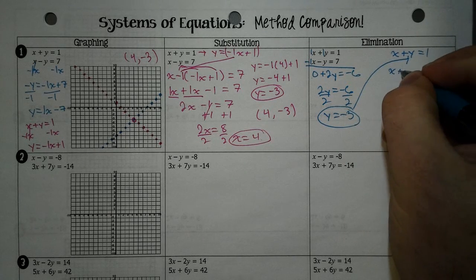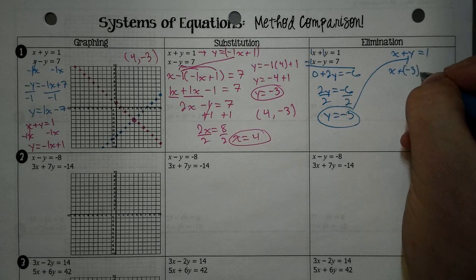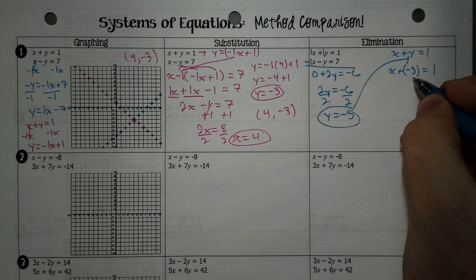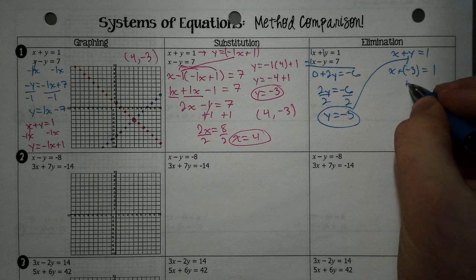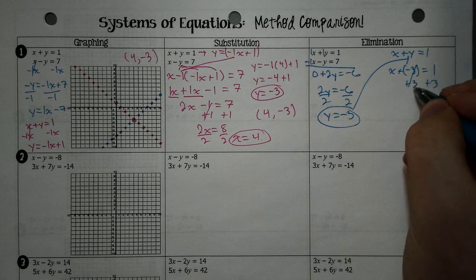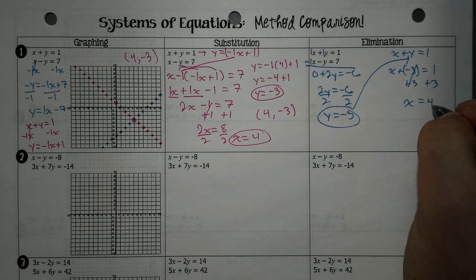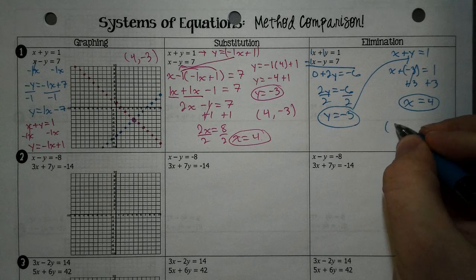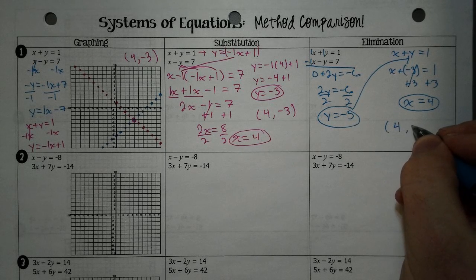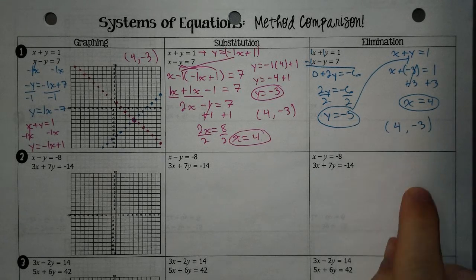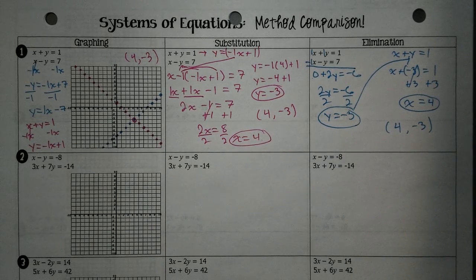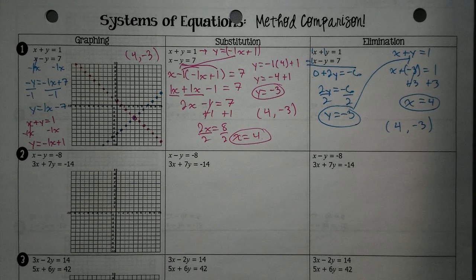So x plus negative 3 equals 1. Well, the opposite of a negative 3 is positive 3, and we just get x is equal to 4. So they also cross at the point 4, negative 3. So no matter which method, you should get the same answer for each. I'm going to stop the video here, and we'll do example 2 in the next video.